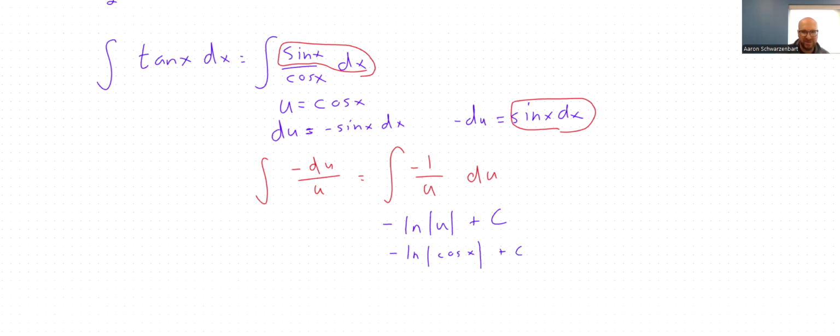Now I'm going to show you how you get to what they give as the answer. They give the answer as this. The laws of logs say the ln of 1 over y is the negative ln of y. Well, the ln of 1 is 0.